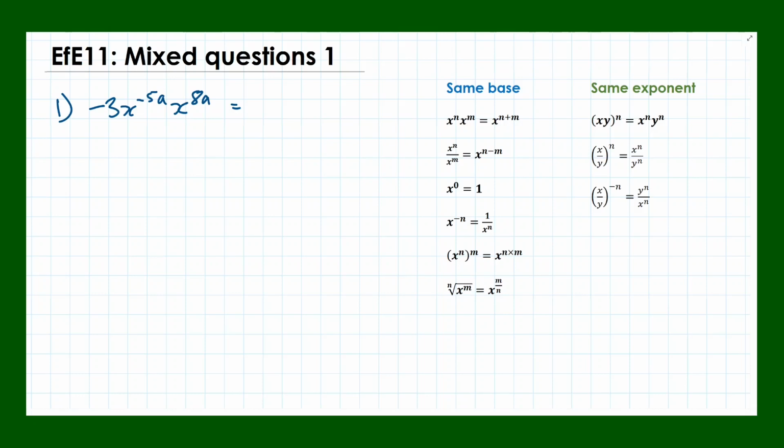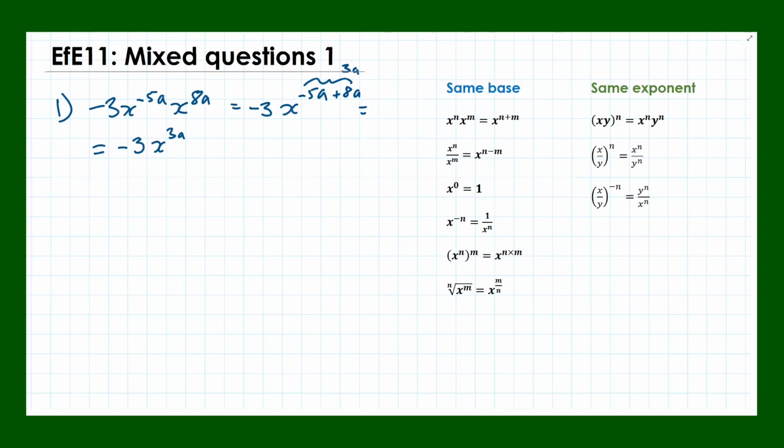So, minus 3, I can't really do anything with it because there are no other numbers. But x is now to the minus 5a plus 8a. So what can we do at the top in the exponent? Well, minus 5a plus 8a just makes 3a. So the exponent itself becomes 3a, and we can now make the simplification: minus 3x to the 3a.